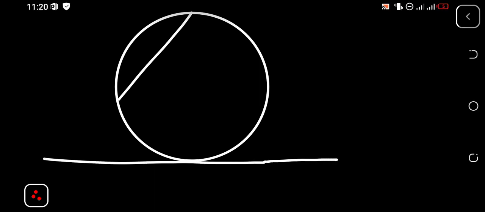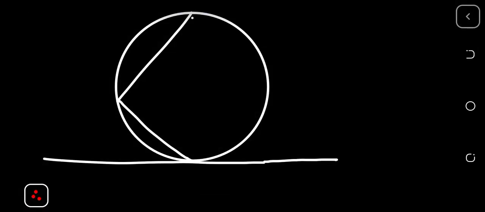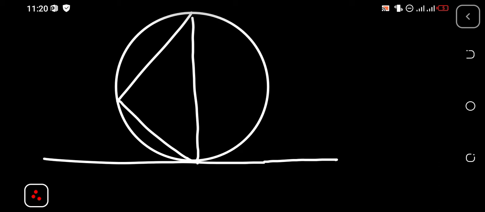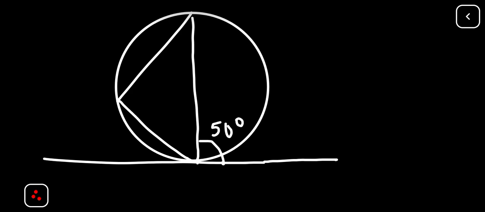And then you have angles to this point like this. Okay? So if there's an angle here, 50 degrees, assuming there's an angle 50 degrees, and they ask you to find an angle, maybe here, x. Well, you already know that this angle here, following the theorem, x will be equal to 50 degrees.